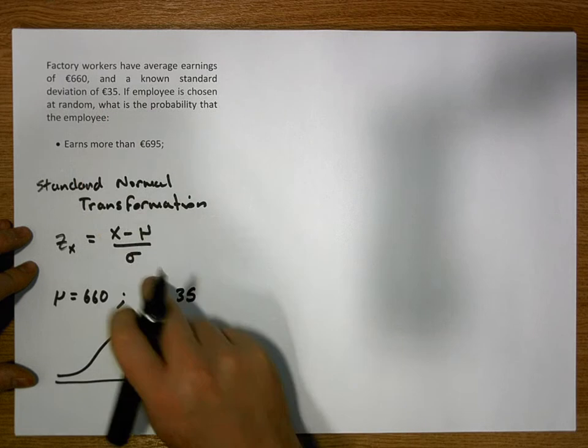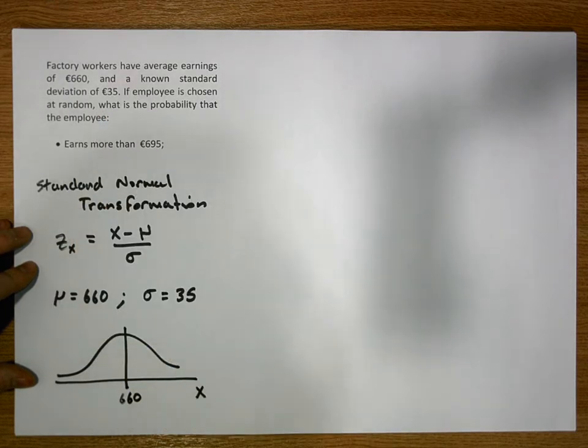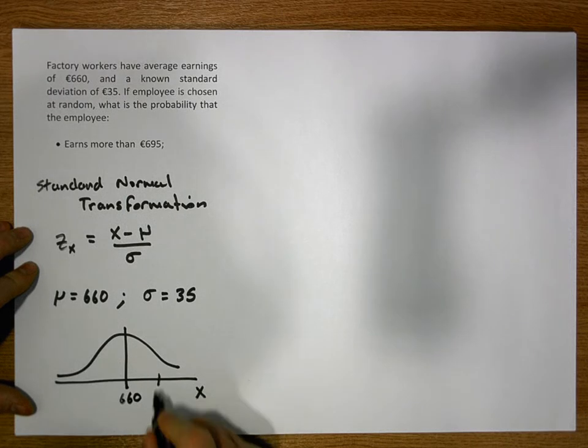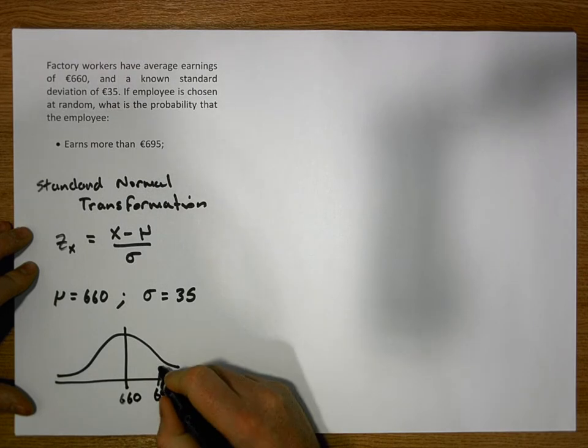What about those that earn more than €695? Well, 695 is greater than 660, so it should be on the right hand side of 660, about there. We're interested in employees that earn more than €695, so they're the employees to the right hand side of 695.